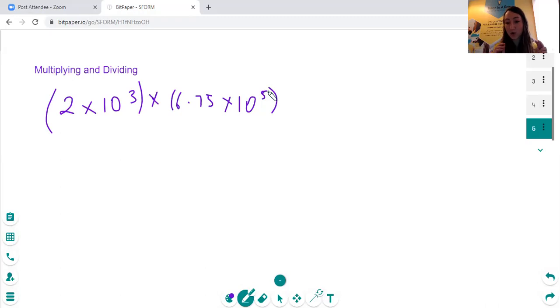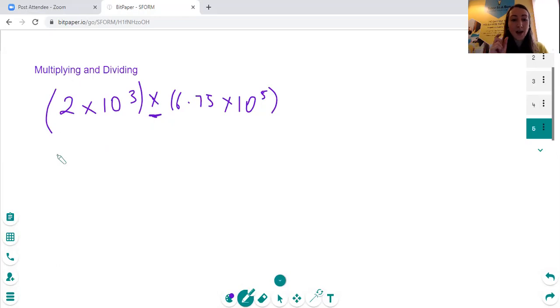So we've got one example to begin with, but two different numbers in standard form, and all we're doing is times. Okay, so the golden rule when we're timesing is bring the numbers to the front and then we roll with the powers separately.